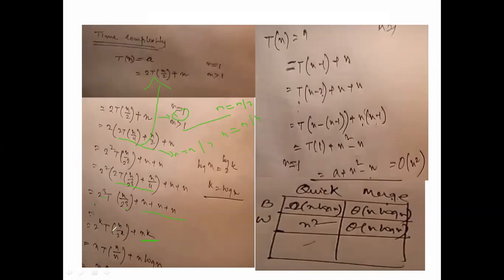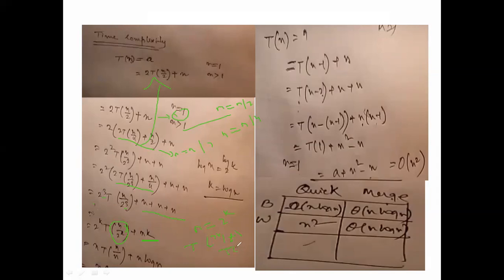Clear? Now I want this value to become 1. So I take n equal to 2^k. Then T(2^k/2^k) gives T(1), which equals 1.